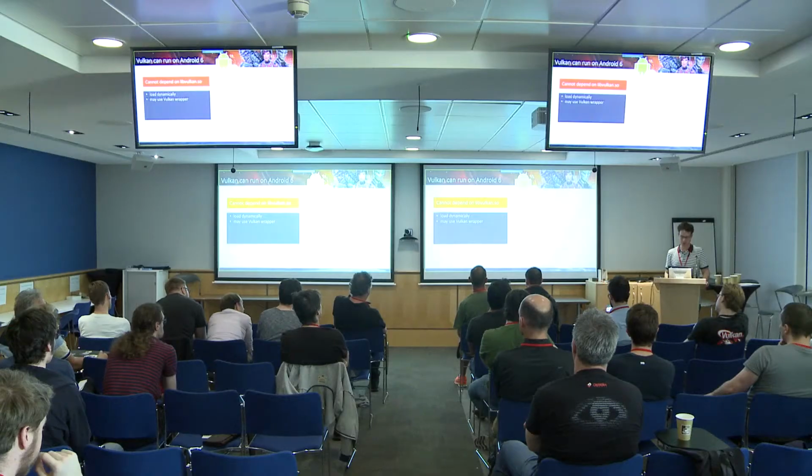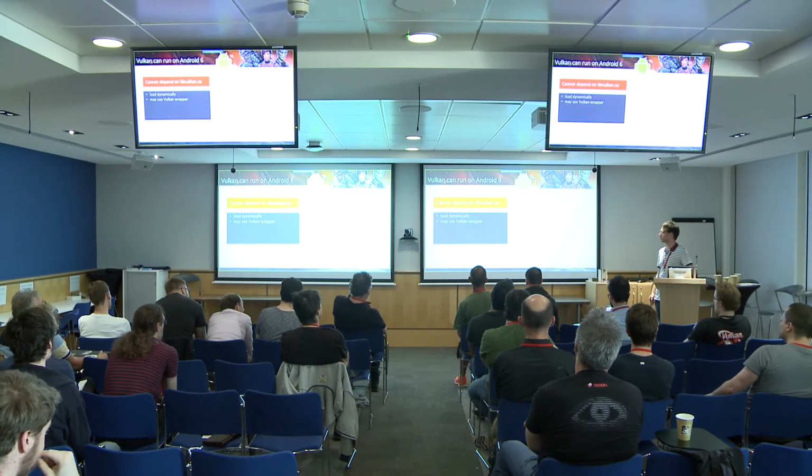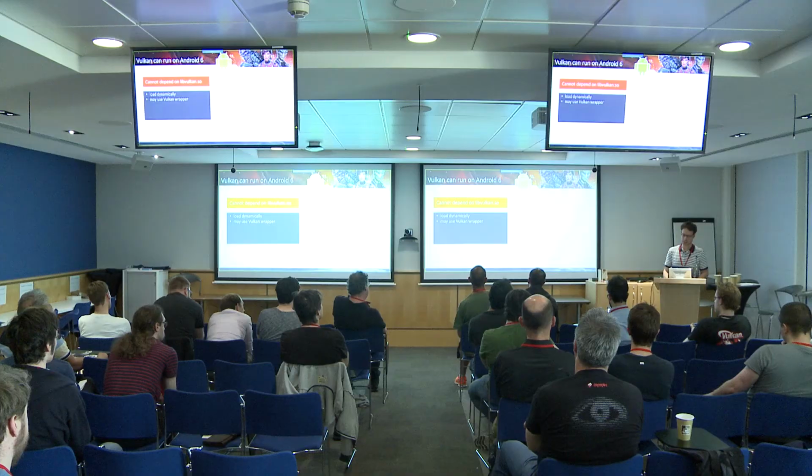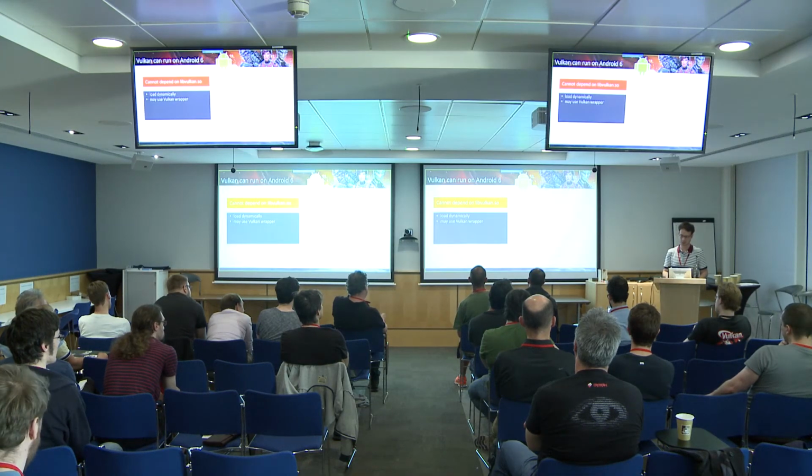But you cannot really depend on the header or the library being there, so you have to load Vulkan dynamically at runtime. And for that, we are using a Vulkan wrapper that's actually part of the Google samples, and this does all the typing-intensive stuff for us, like loading the library and getting all of the function pointers out of it. And that way, we can also support Vulkan on the Android 6 devices.